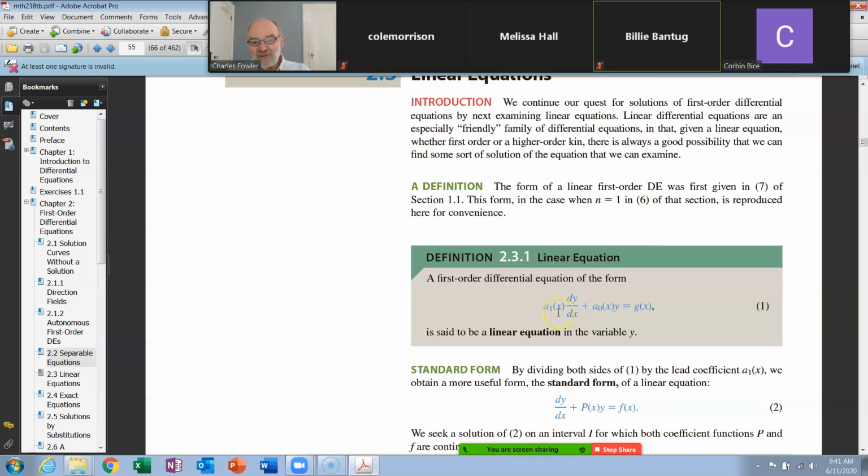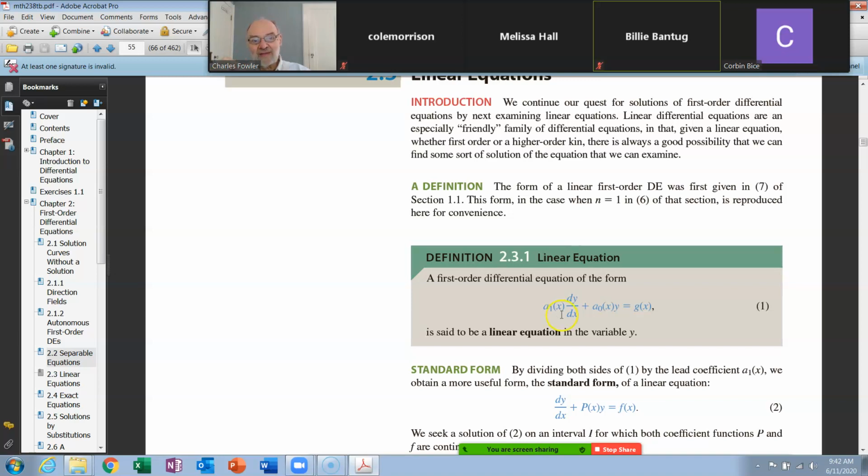So basically what I'm getting at, this a1 of x should not be equal to 0 for any value x in your domain, in the interval of integration. Because if it is, you no longer have a differential equation. So that makes it legal to divide everything by a1 of x, because it's not equal to 0. That's the only thing about dividing by a function. You got to make sure it's not equal to 0. This one should not be.